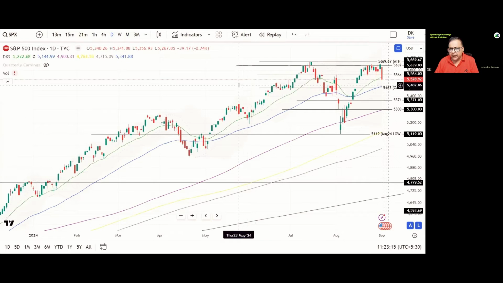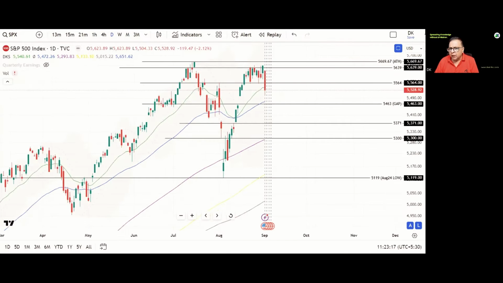Now when we look at the daily price chart, on 3rd of September, the market gapped down and finally is quite in proximity of EMA 21. And there is a gap over here which remains unfilled.